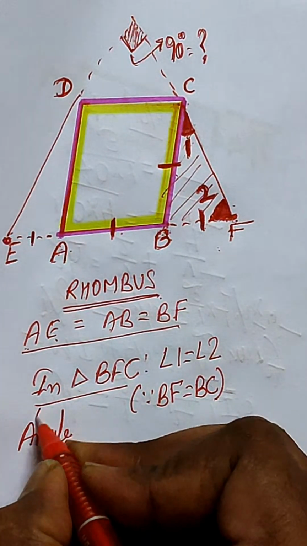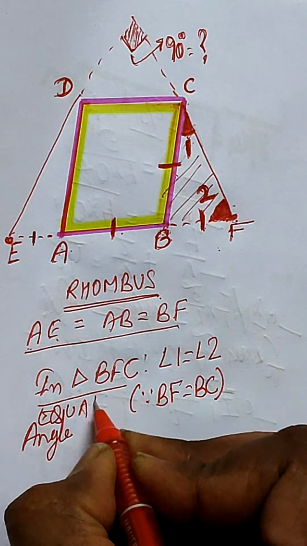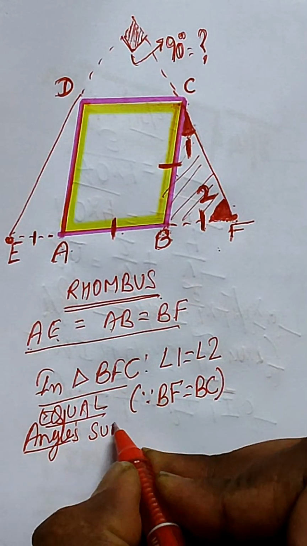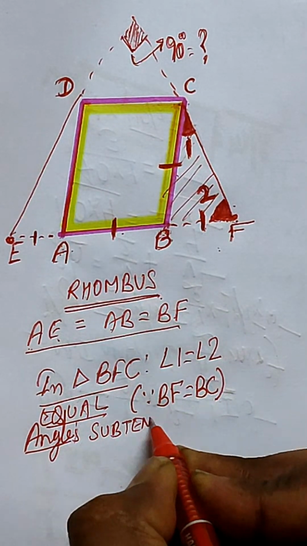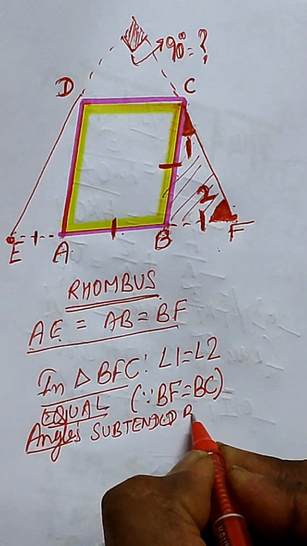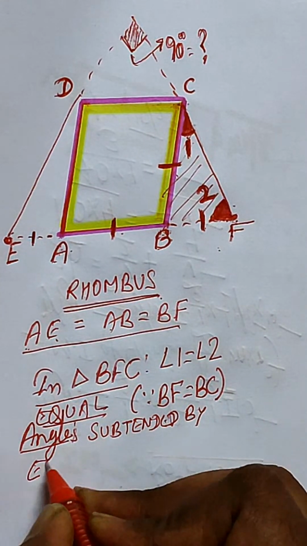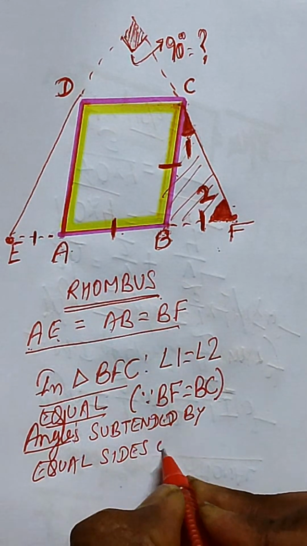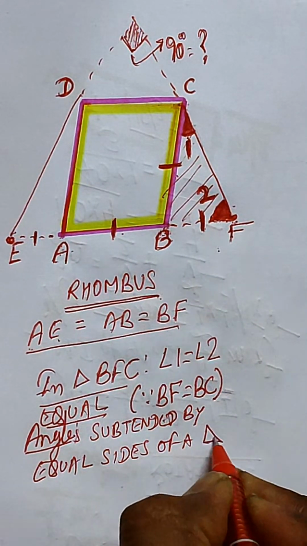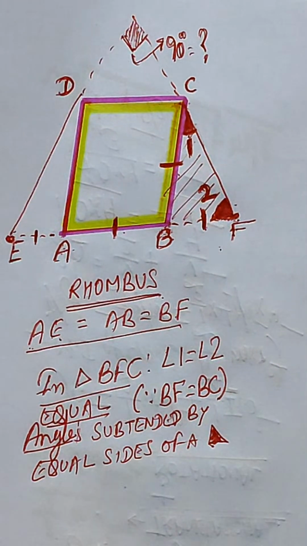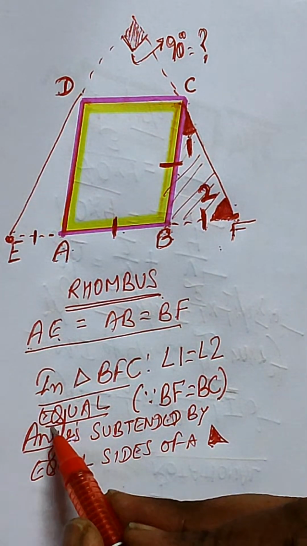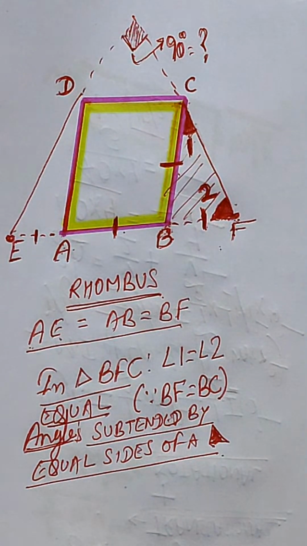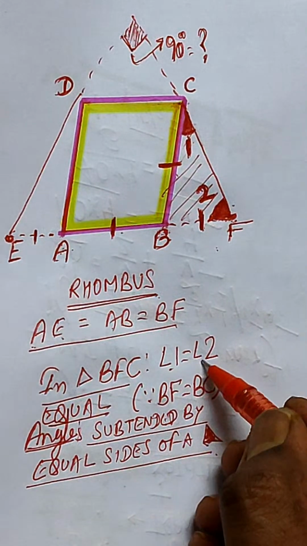We have used equal angles subtended by equal sides of a triangle, right? So this property is used. Equal angles are subtended by equal sides of a triangle. So therefore angle 1 equal to angle 2.